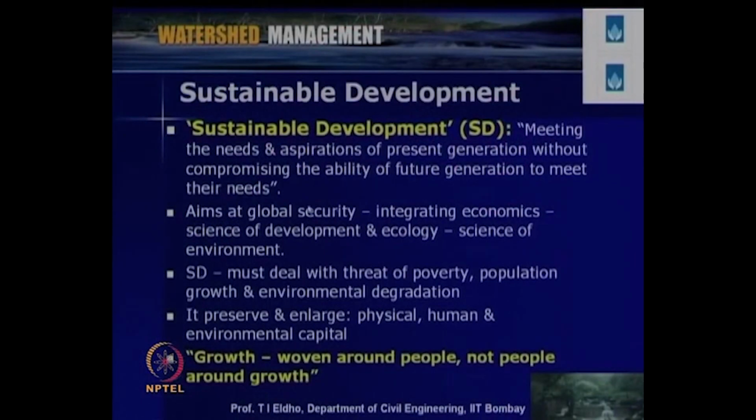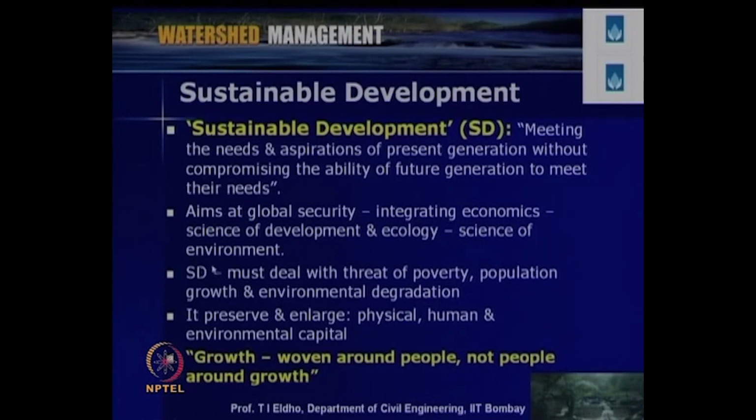The aim of any sustainable development will be to integrate the economics, the science of development and ecology in such a way that we have environmentally friendly development, so that the science of environment is also incorporated within the developmental plans.